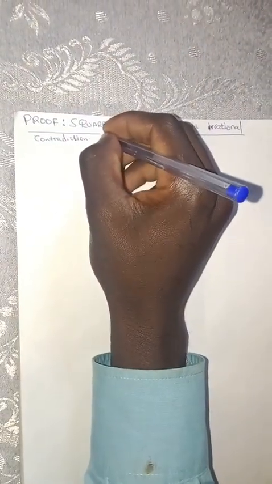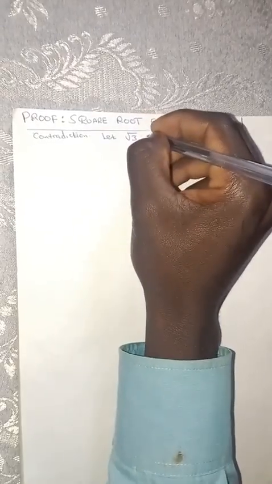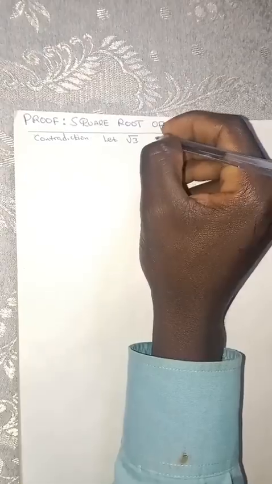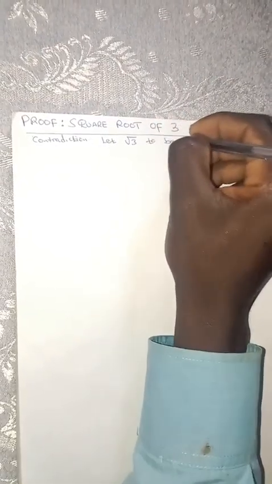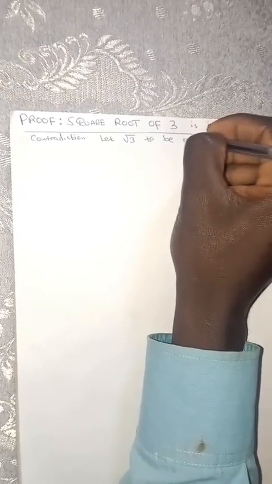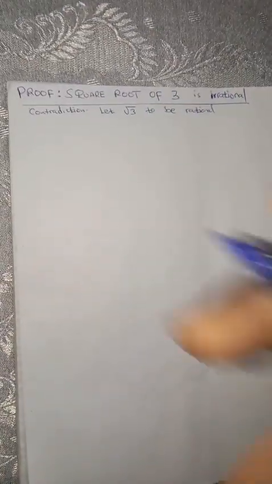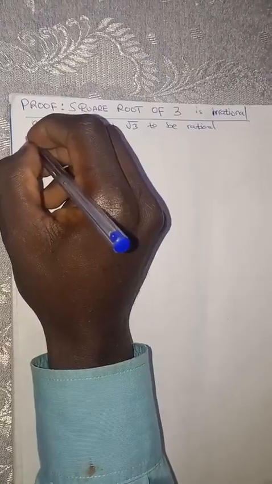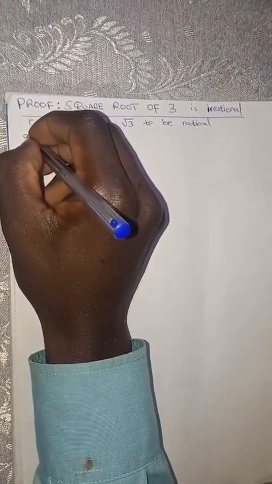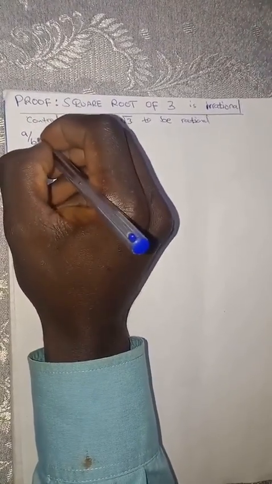And by contradiction, we will say, let the square root of 3 be rational. And if the square root of 3 is rational, then it means it can be represented as a fraction, a over b.